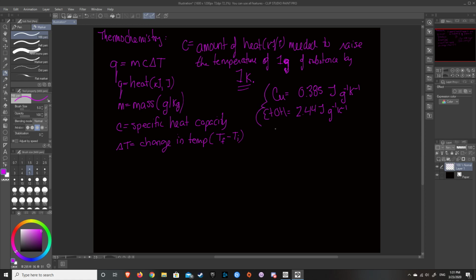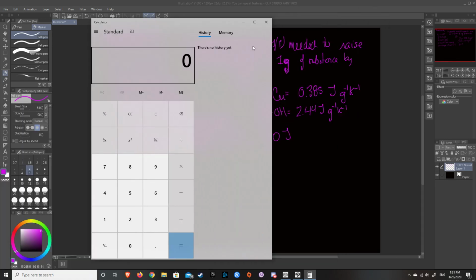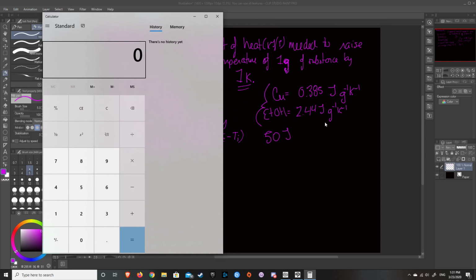We can say we added in 50 joules of energy. Just give me a second while I get my calculator. I'll just open up the calculator app right here. So if we added 50 joules of energy, this takes 2.44 joules in order to increase 1 gram of substance by 1 Kelvin.